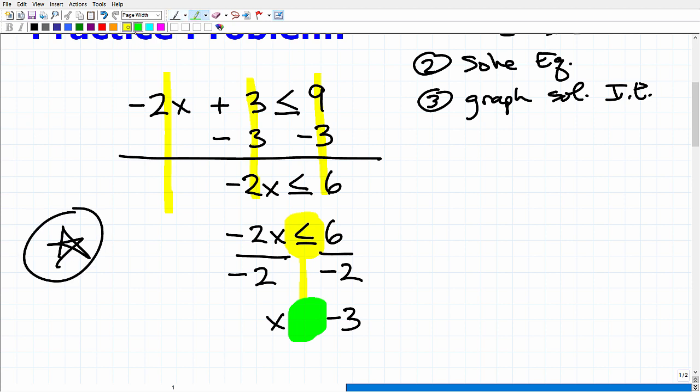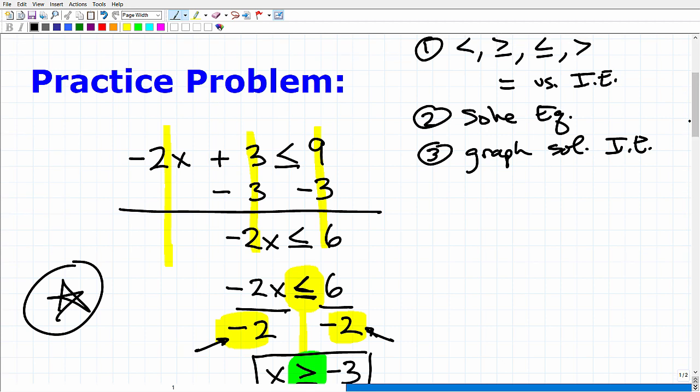Anytime you're multiplying or dividing both sides of the inequality by a negative number, you're going to switch or reverse the inequality sign. So here we have less than or equal to, so we have to flip it around. This becomes greater than or equal to. That only happens when you're dividing or multiplying both sides of the inequality by a negative value. So this is, in fact, the correct solution.